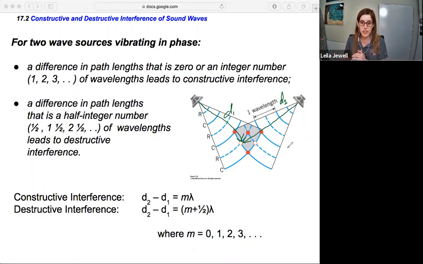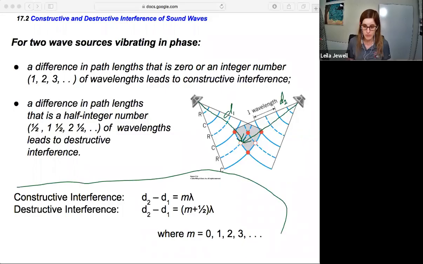So d2 minus d1, if it's constructive interference, is equal to m times the wavelength. For destructive interference, that path length difference, d2 minus d1, is equal to the quantity m plus 1/2 times the wavelength. And m here is just an integer, from 0 to 3, and so on and so forth. So this is a great rule of thumb for determining if we have constructive interference, if it's a really loud point, or destructive interference, if there's no sound there.